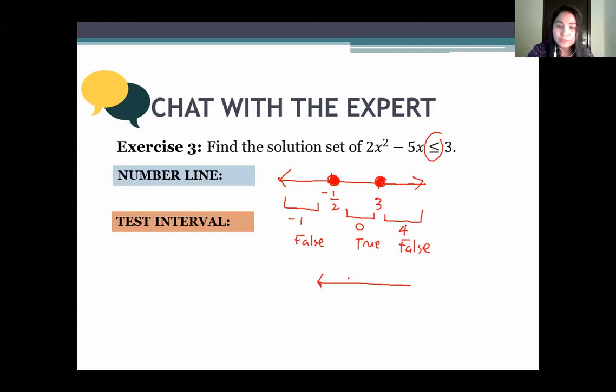The true one, between -1/2 and 3. Shade the one in the middle. So I'll write it as x such that -1/2 is less than or equal to x. There. That's the answer.